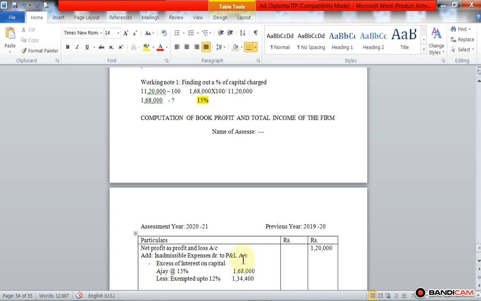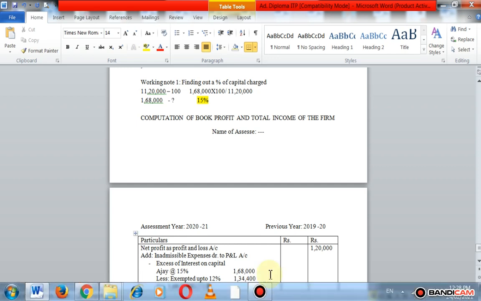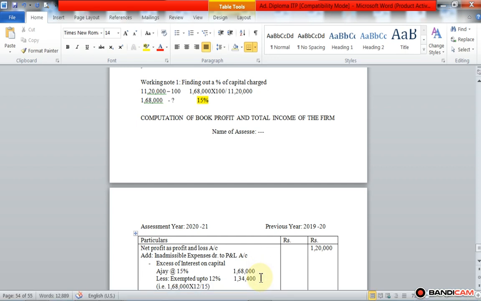Okay, got it? Yes sir. How do we compute? Here, 1,68,000 into 12 divided by 15%, which is the rate of interest. So we get 1,34,400 as the exempted interest on capital of Mr. Ajay.